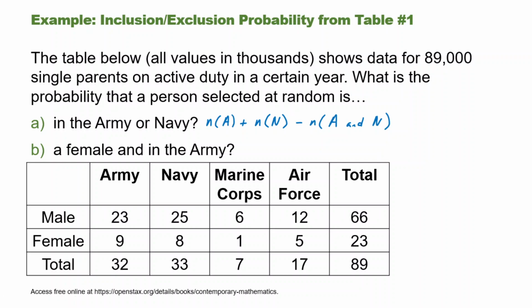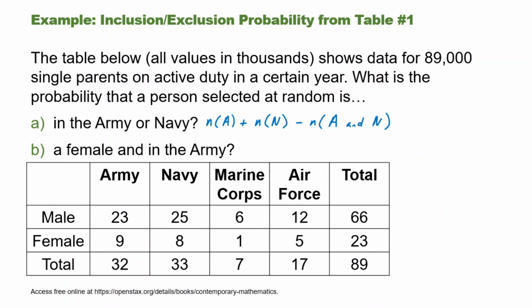Well, that requires us to look at the total row at the very bottom for Army and Navy. According to this table, there are a total of 32 parents in the Army and a total of 33 that are in the Navy.